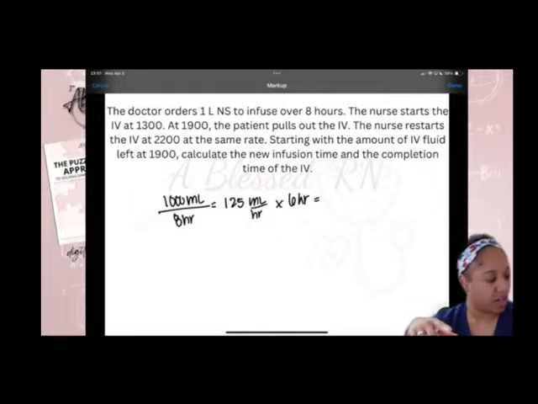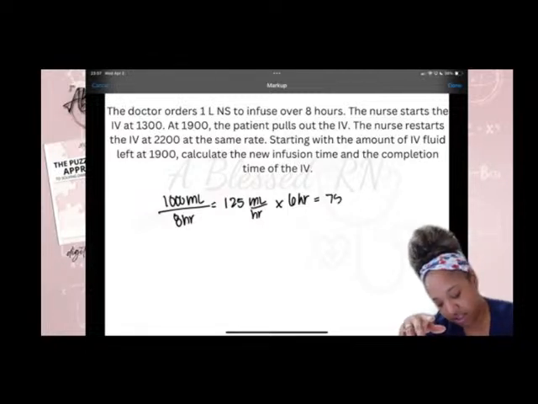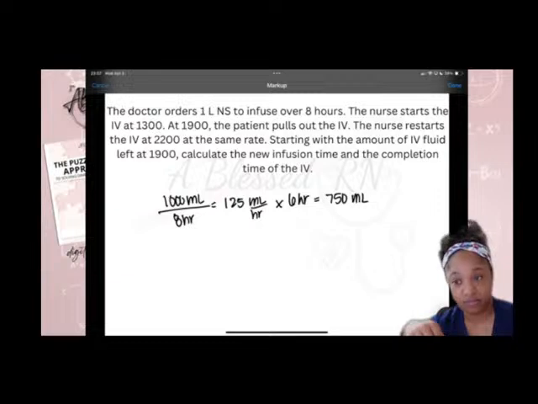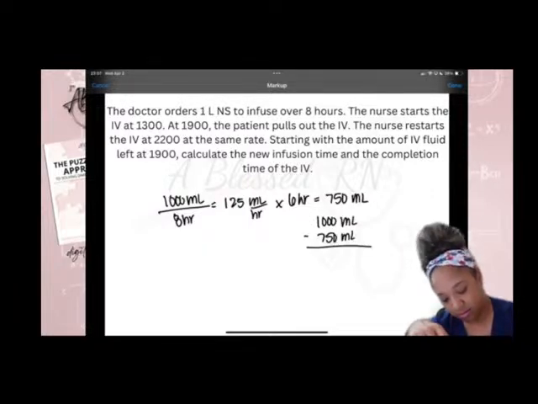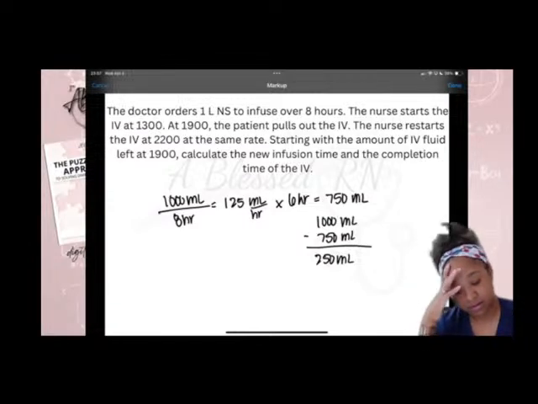So 125 times 6 equals 750 milliliters that went in. Right? So if you do 1000 minus your 750, that's 250 left, right?